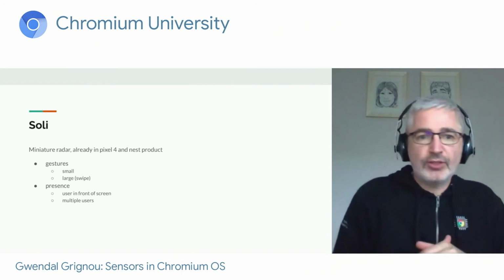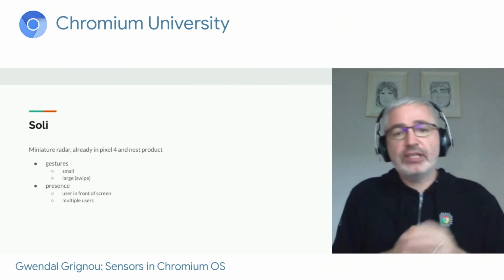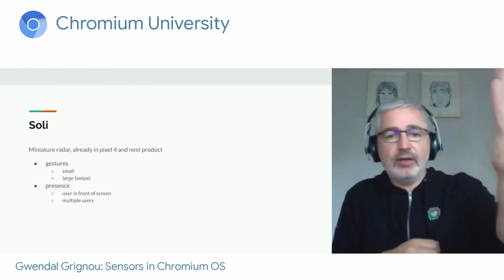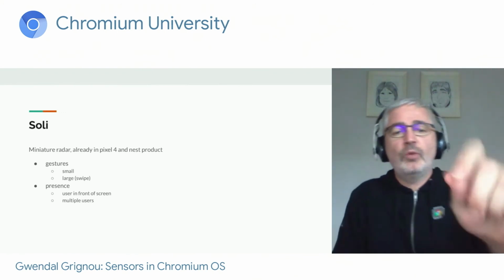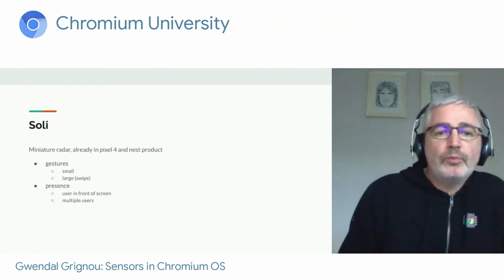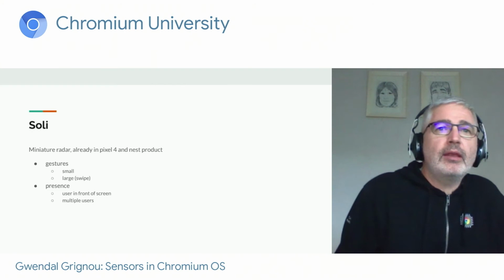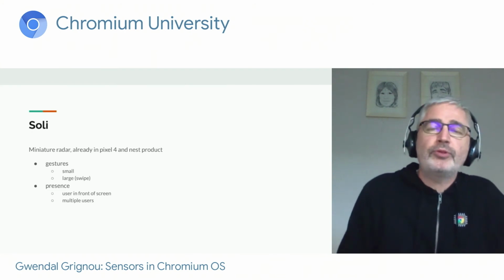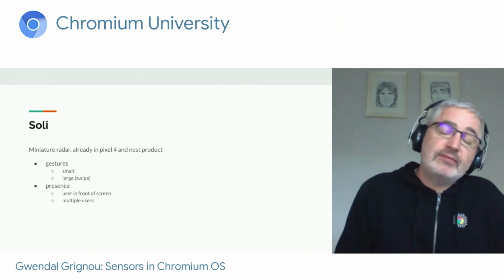What Soli can do is gesture recognition, like swipe; we call it large gesture recognition. We can also do tuning, like rotating like this. We can also do presence detection. It will be able to see if there is a face in front of the computer, or if there are several faces.